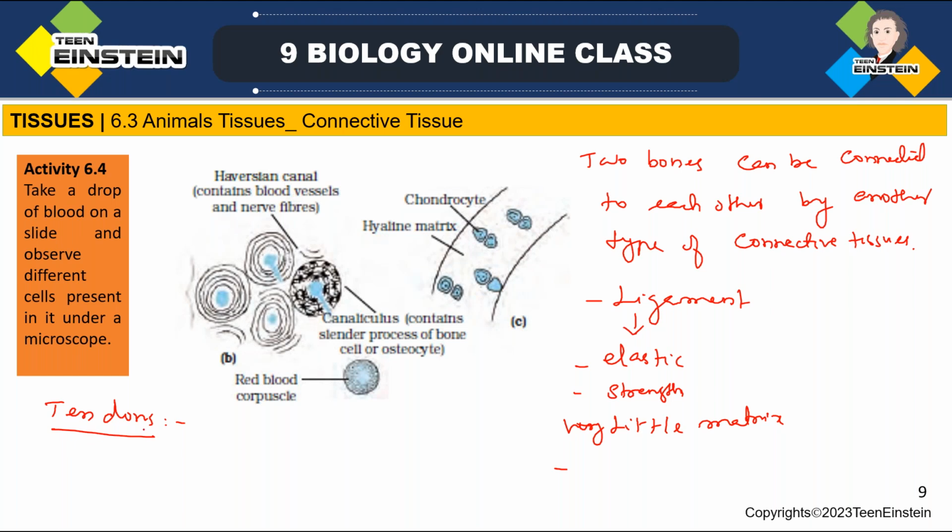Tendons are another type of connective tissue. Tendons and ligaments are also types of connective tissue, also coming under bones, but slight ones, not so hard.